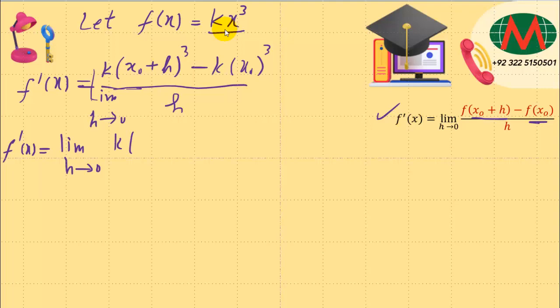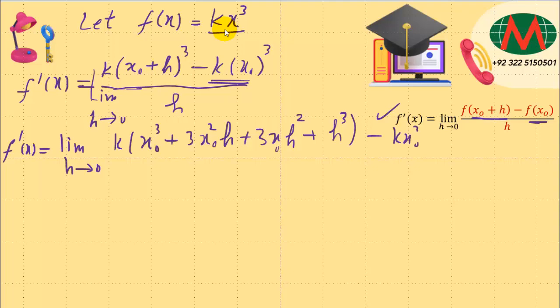As in the last question, this expansion is x0 cube + 3x square h + 3x h square, we put x0 here, plus h cube, and then this one, don't forget to write this as well, x0 cube. The cube is on x0, not on the k, and over h, and then the limit as h tends to 0.